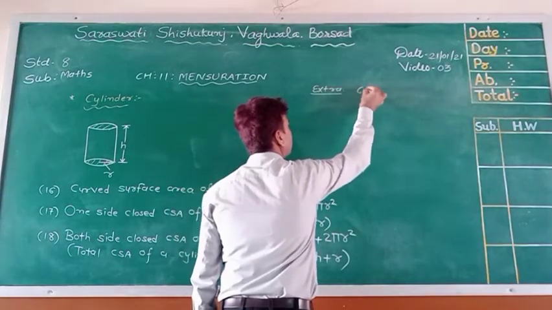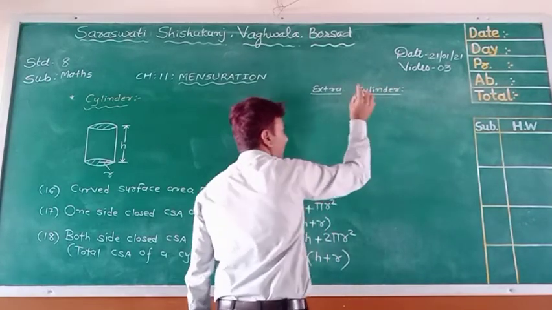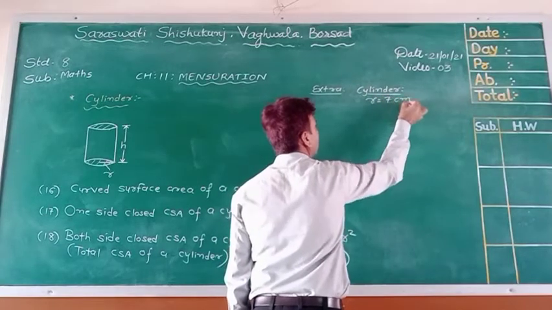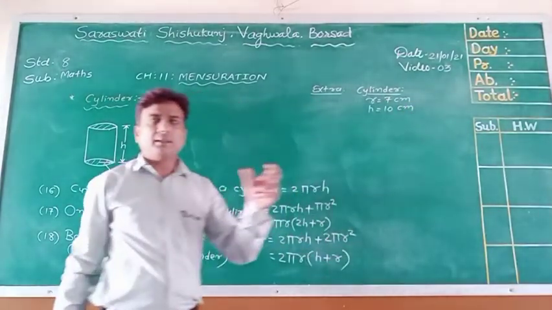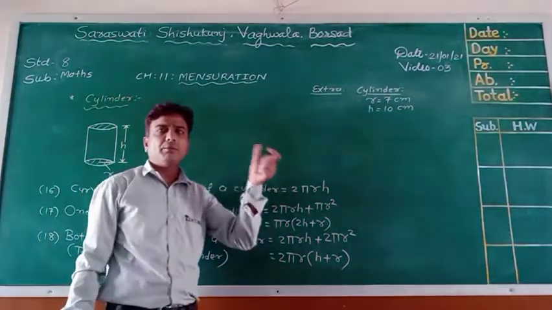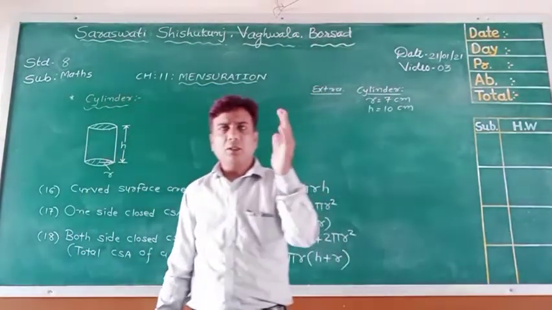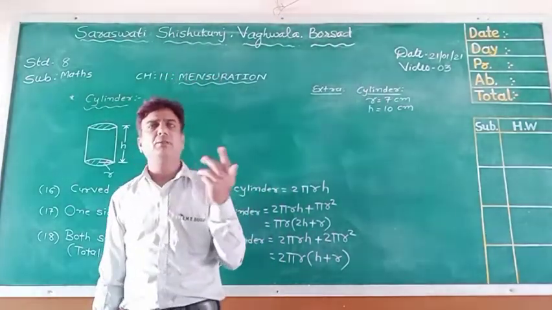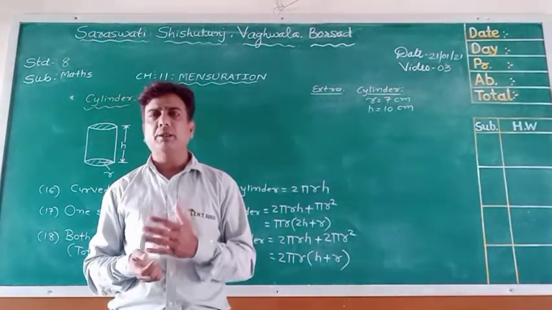In a cylinder shape, radius is given as 7 cm and height is given as 10 cm. We want to find its curved surface area, second, the one side closed curved surface area, and third, both sides closed, meaning total curved surface area of the cylinder.